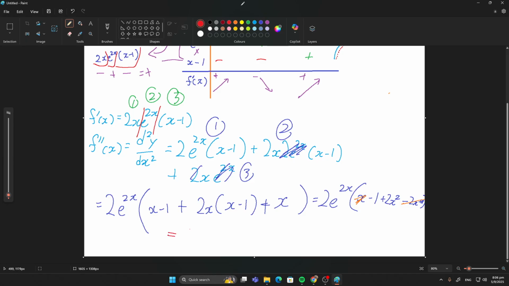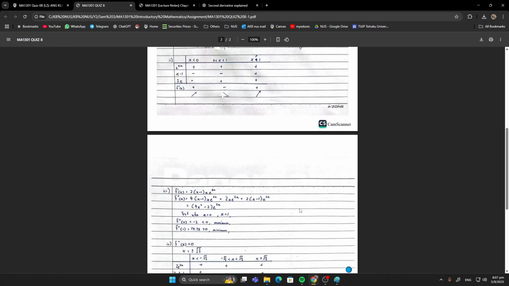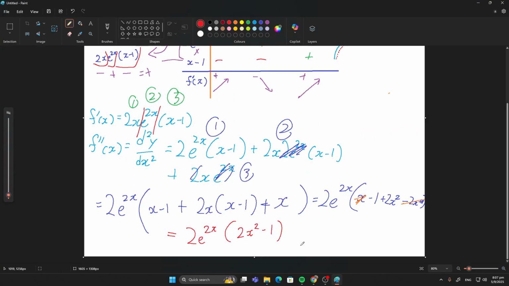So now you have 2x over 2x squared minus 1. Am I correct? I'm doubting myself. I am correct. Okay, let's just leave it like this.